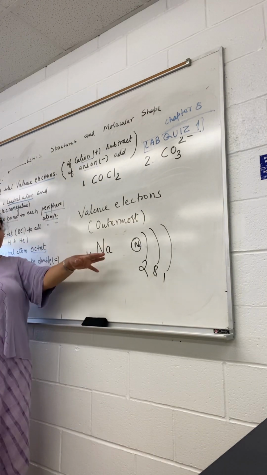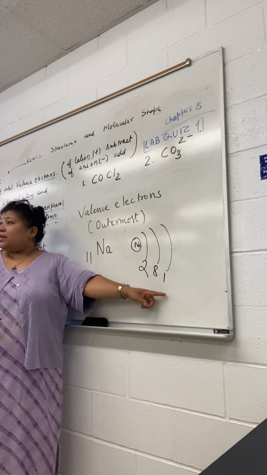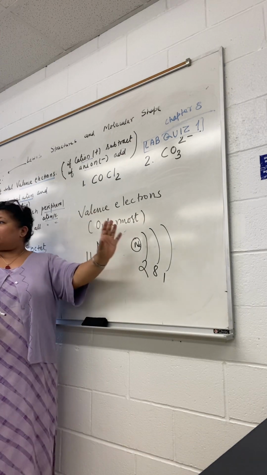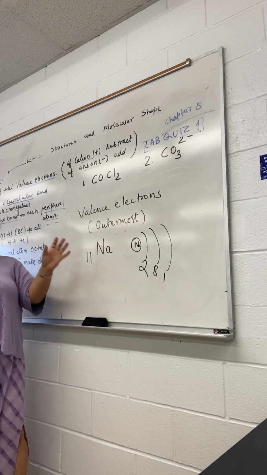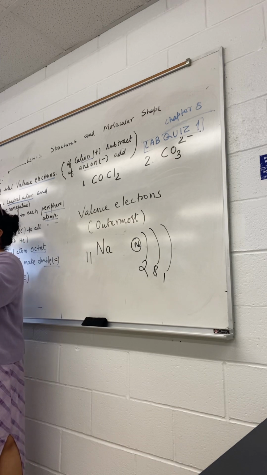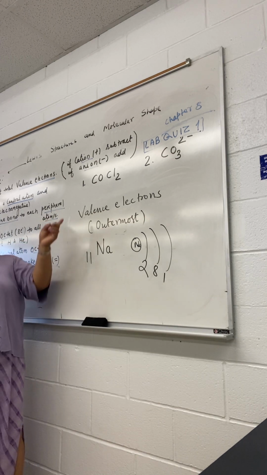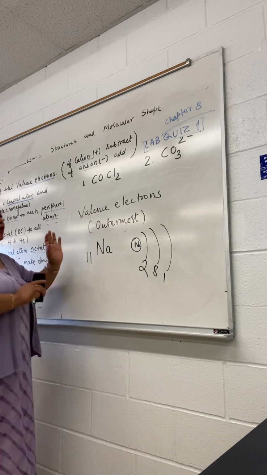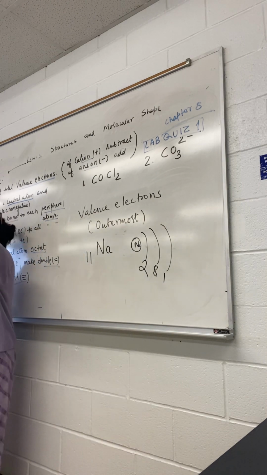So the outermost is how many? 1. That's why you really need to find out the valence electrons in each and every element. Since we haven't learned electron distribution yet, I'm going to give you a very easy way to find your valence electrons, so make sure you take that note. But anyway, you understood valence electron means the outermost.